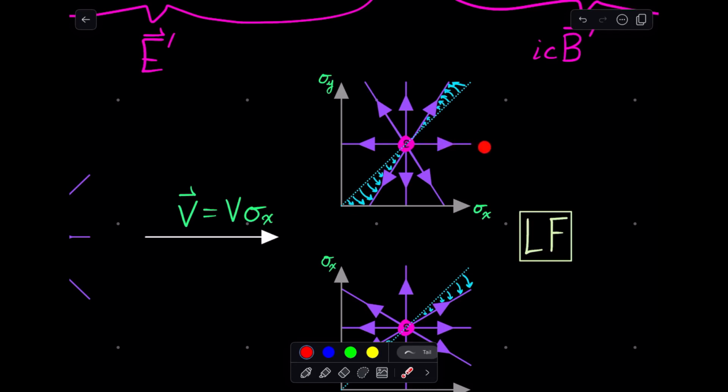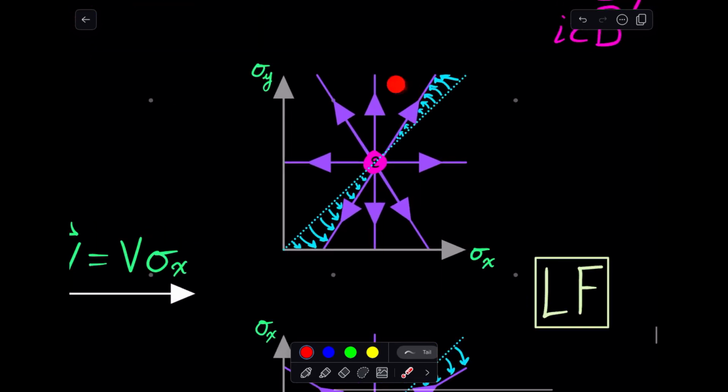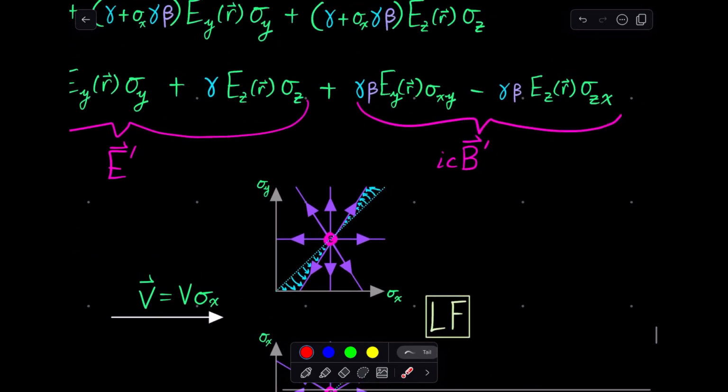The X direction ends up not being affected at all. It has the same strength. But all of the field lines that have components in the Y direction shift and it sweeps out area. And this sweeping out of an area is very much like a bivector. It's a plane. So when you sweep out an area, you're creating a plane, which is creating a bivector, and that's what the magnetic field is.